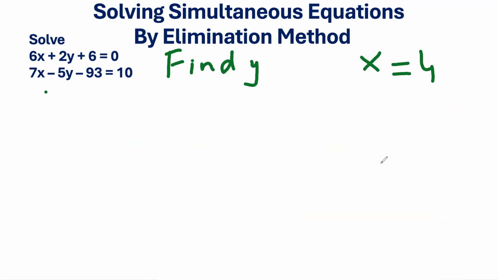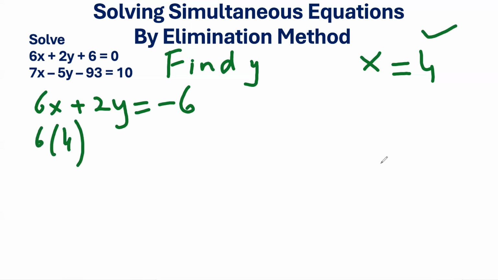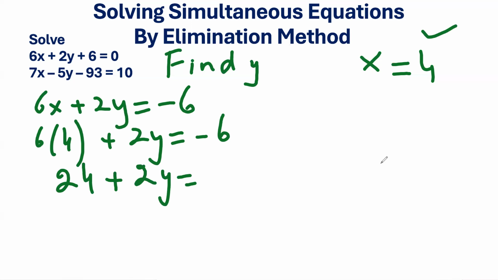Equation number 1: 6x plus 2y is equal to negative 6. Keep the value of x, x is equal to 4. 6 multiplied by 4 plus 2y is equal to minus 6. 6 4s are 24. Plus 2y is equal to minus 6. Now, 24 will come on the right-hand side.